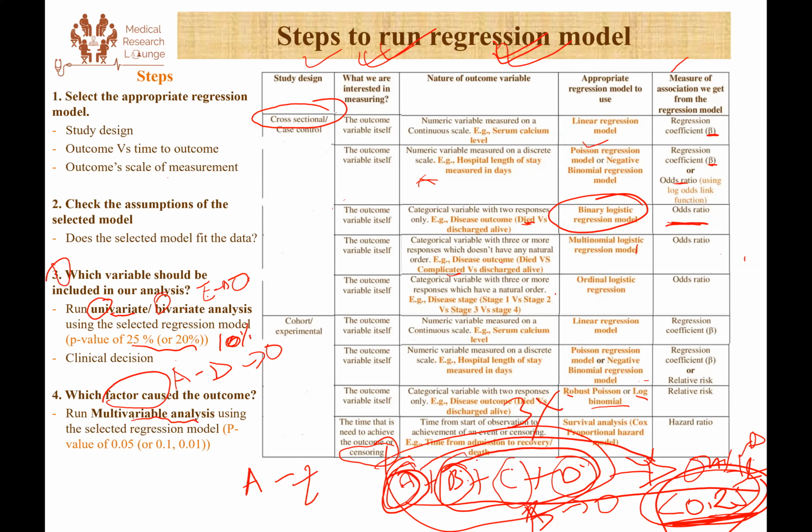So the effect of smoking on the development of lung cancer is 3 times higher as compared to not smoking after controlling for age, gender, and history of exercise. Unless we control potential confounders, we can't get the pure effect of an exposure variable on the outcome. So multivariable analysis is important to answer the question, what factors caused our outcome?